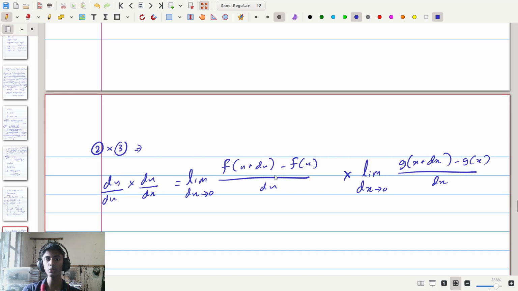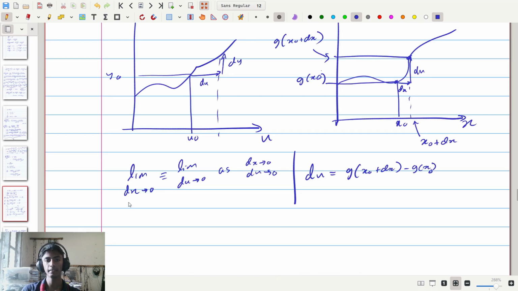Now then, into here, let's apply these two substitutions that we have here. The first substitution says that the limit as dx approaches 0 and du approaches 0 are the same thing, meaning these are interchangeable. We can replace one by the other. We're going to do that shortly. And furthermore, we're going to replace du with this thing right here.